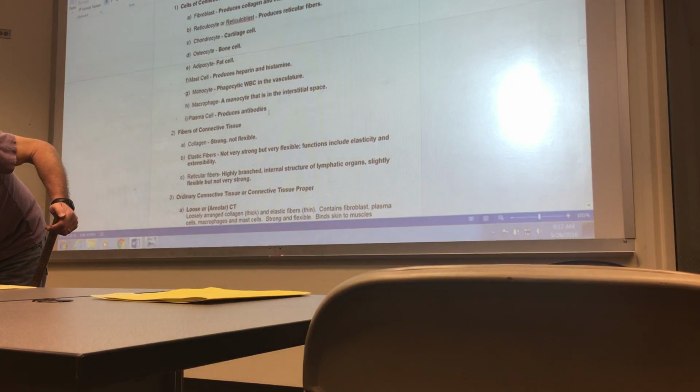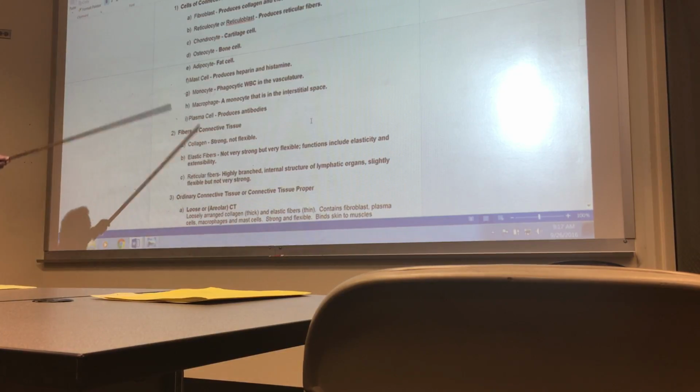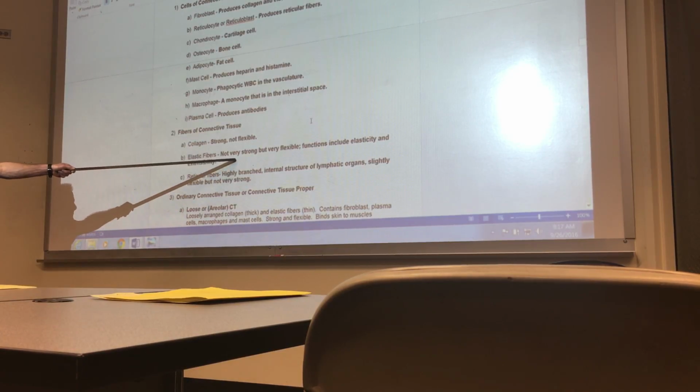If you go back to your three types of fibers, the elastic fibers have two properties: elasticity and extensibility. We take those two properties hand in hand as though they always go together, but they don't.